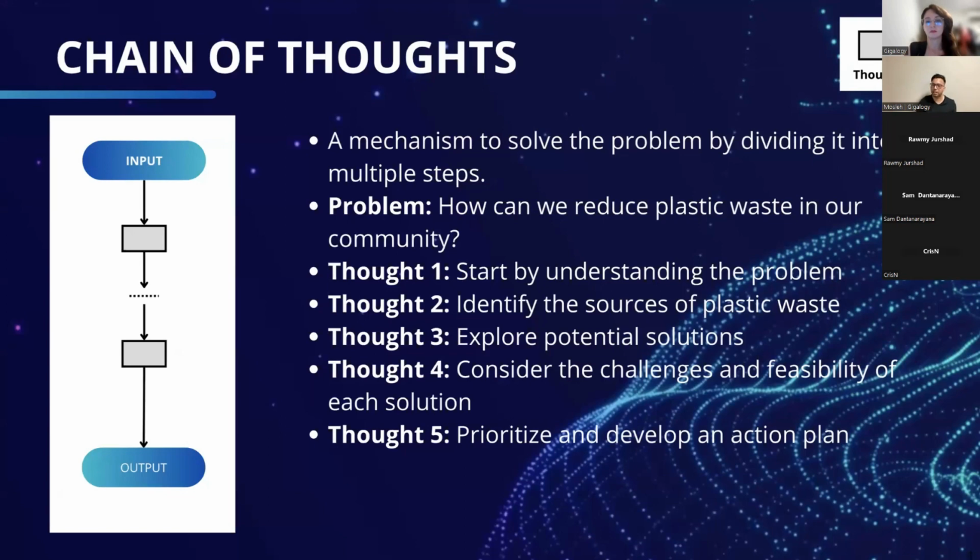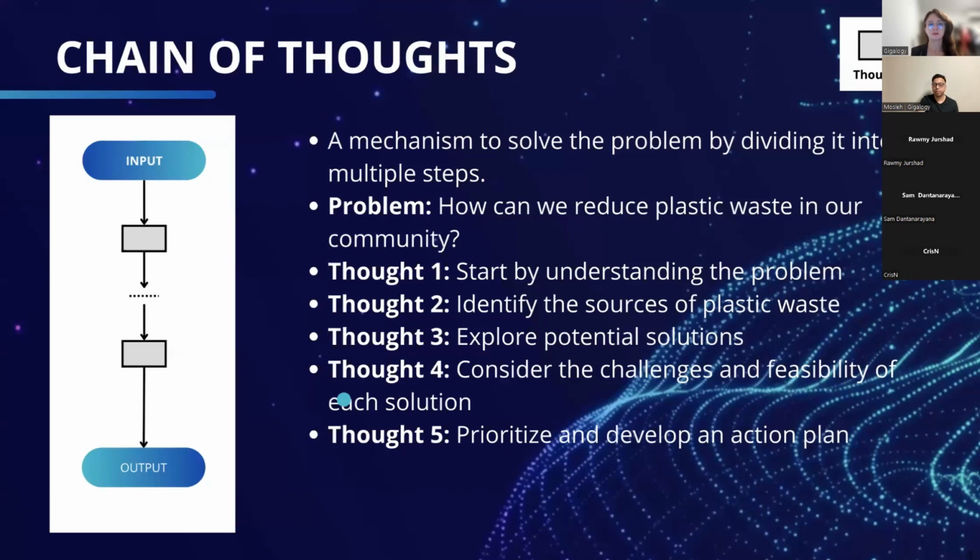And then finally, we say, okay, looks like option A or option B or option C is good. Let's build an action plan for that. So that is chain of thoughts. And maybe some of you know that ChatGPT uses this technique as an application.